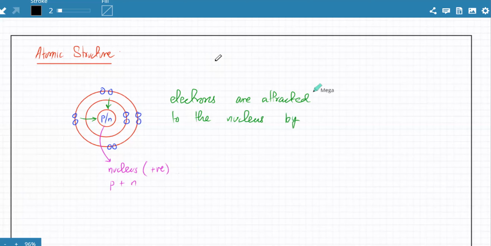In chemistry, there is only one force of attraction, and that is an electrostatic force of attraction.